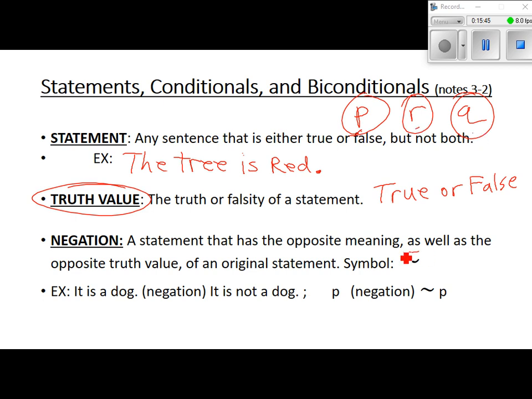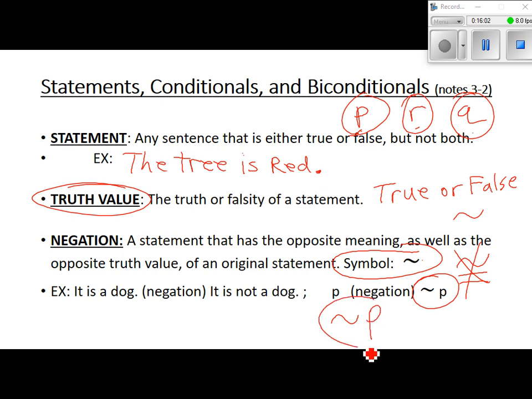The symbol for a negation is this little tilde, not with the equal sign below it, because that's a congruent symbol. It's just a little tilde. If I write something like this, with that tilde and then P, that means not P. Or it's red, not P. If I write this, not Q. Whatever the statement for Q is.